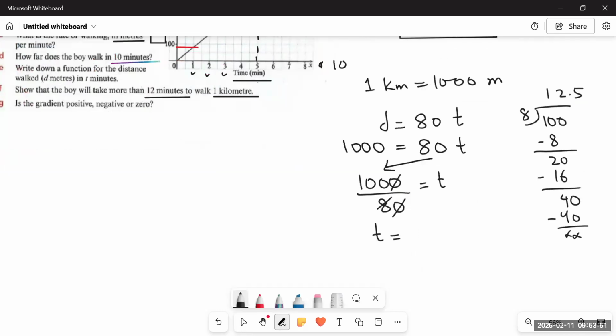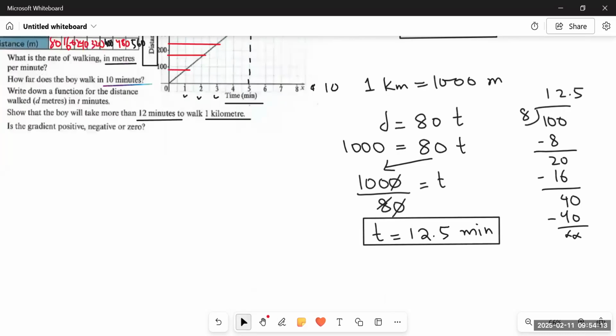It is 12.5 minutes. So yes, it has been proved that if he has to travel 1 kilometer, that is 1000 meters, it will take more than 12 minutes. And how much time is it taking? It is 12.5 minutes, which is more than 12 minutes. So yes, it has been proved.